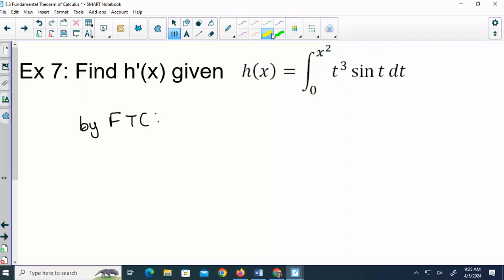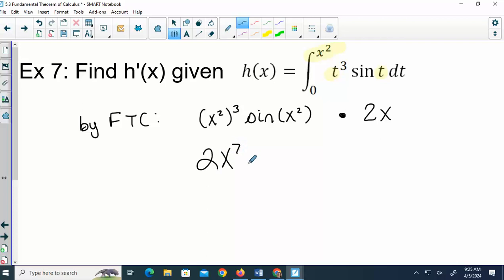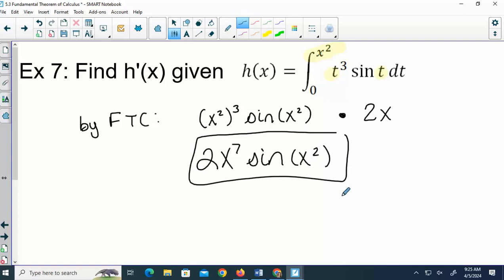We replace all of these t's with x squared. And then, since it's not just a plain x, we also have to multiply by the derivative, which is 2x. Okay, x squared cubed would be x to the 6th times 2x will give me 2x to the 7th times the sine of x squared.